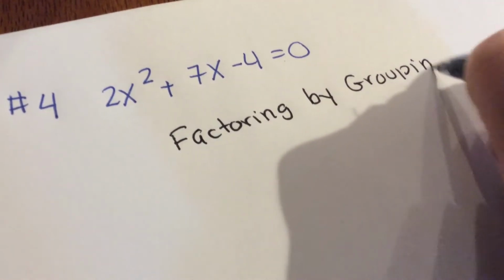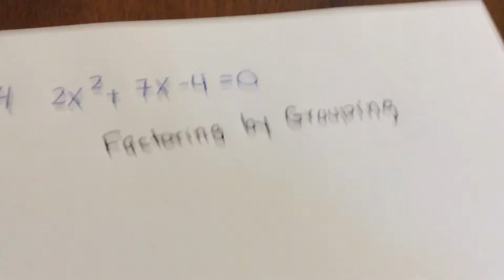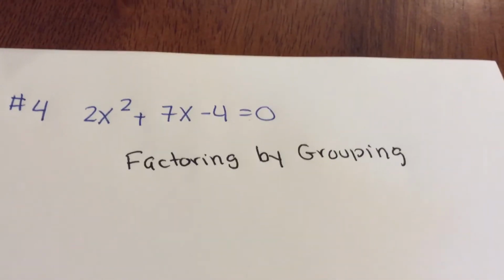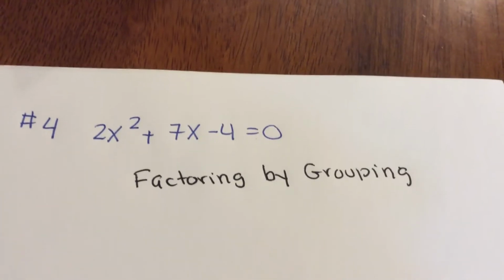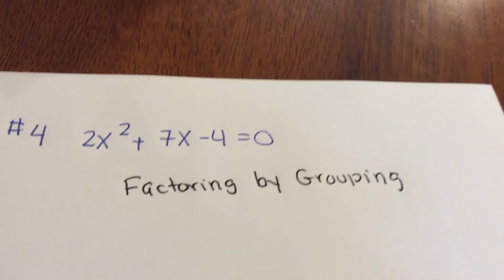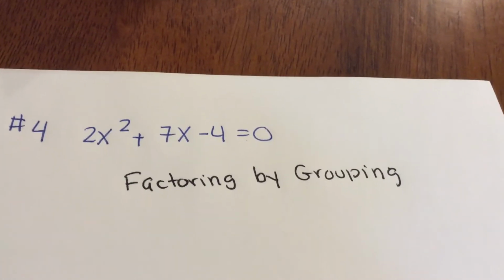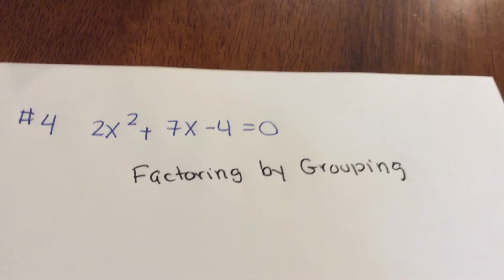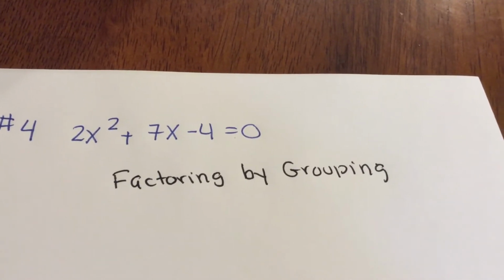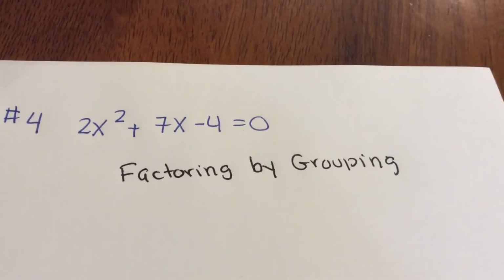We could do a guess and check, and say, okay, what are factors of 2 and then 4, and how can I arrange them so that when they're multiplied together, they give me -4, and when they're added together, they give me 7x. That's not really an efficient way to do it.